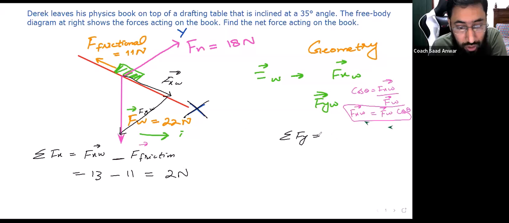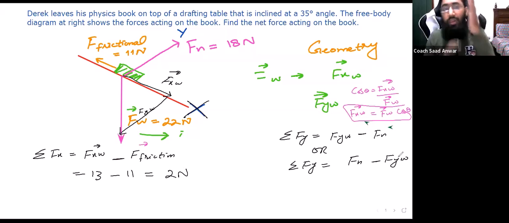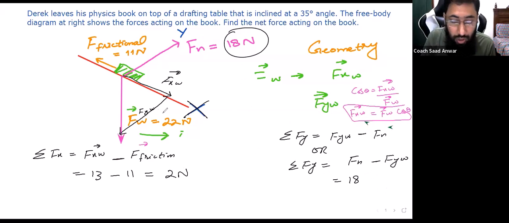Sigma Fy. Fyw is upward, so you have to subtract the opposite force. Or you can write like that: sigma Fy is equal to, if you consider upward positive, then you need to consider downward negative, because they are just opposite forces. So this is 18, while this component value is also 18, so the total is 0 Newton.